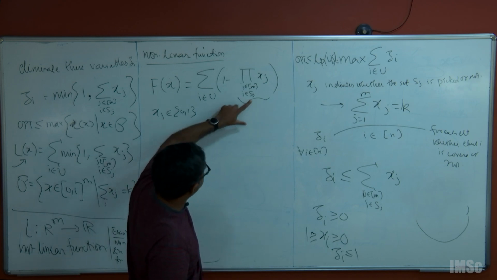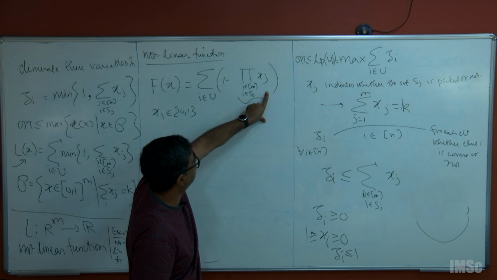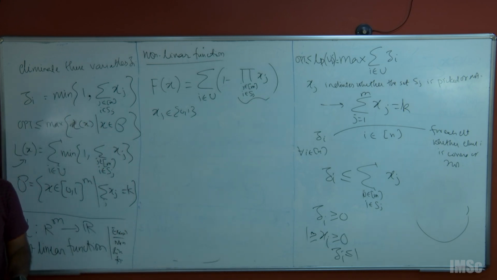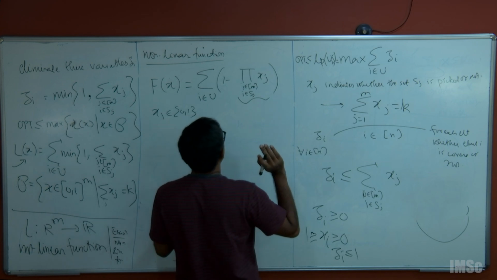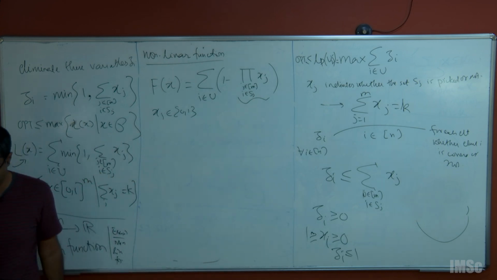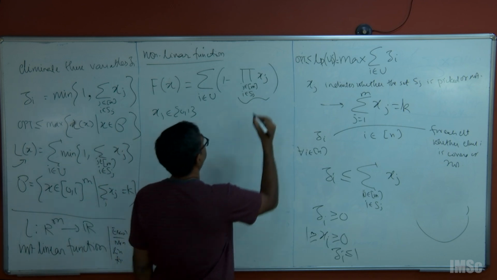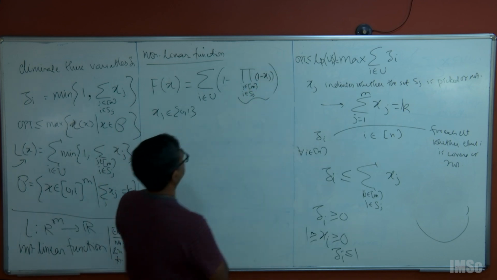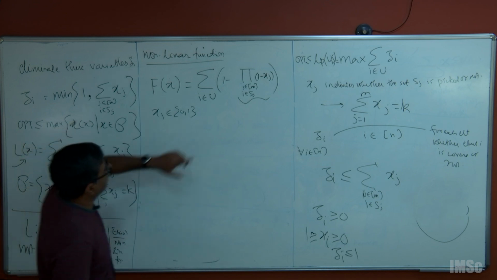If an element appears in the set, how much is it going to contribute then? Wait, Sushmita, let me think about it for a minute. This is what I want to write. Okay, so now what happens?